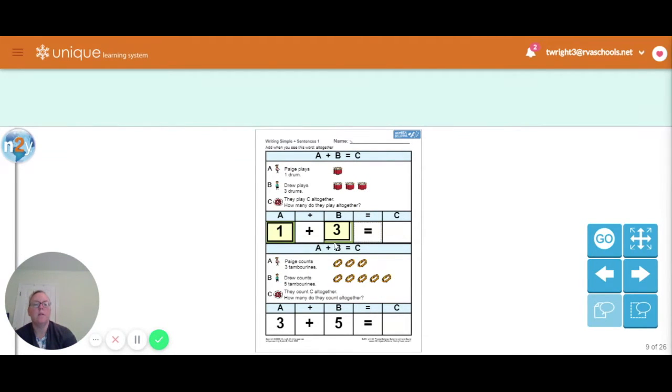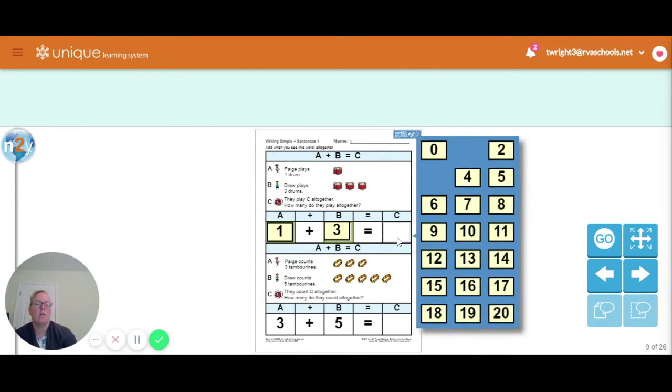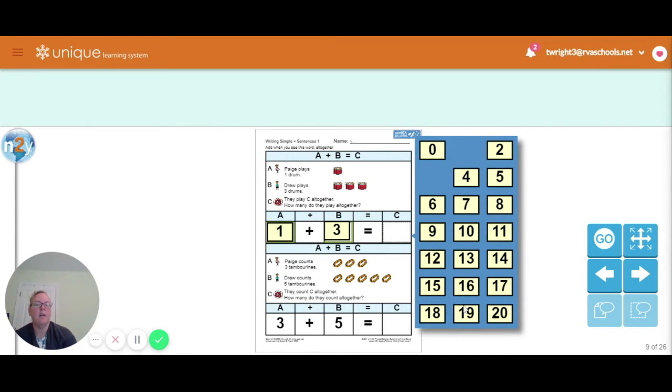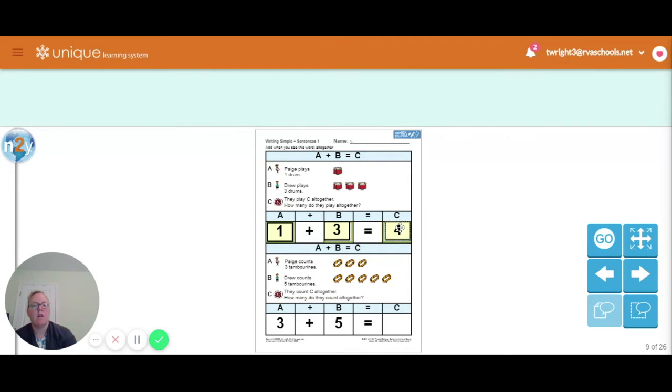Equals. 1 plus 3 equals 1, 2, 3, 4. Who can find the number 4? Point to it. That's the number 4. One plus 3 equals 4.